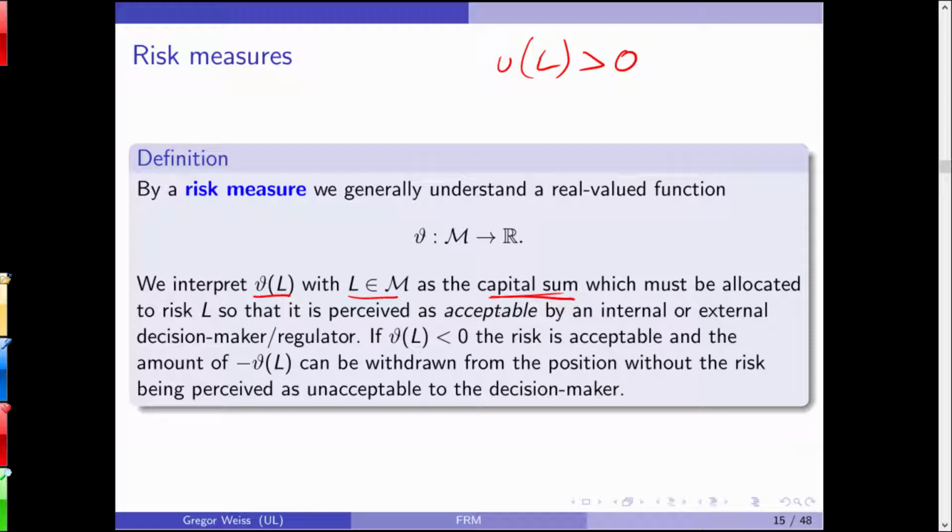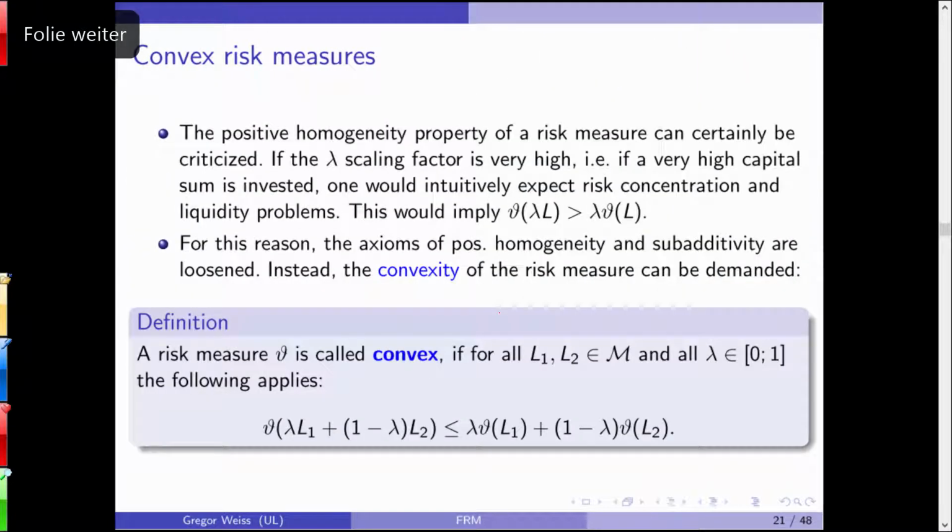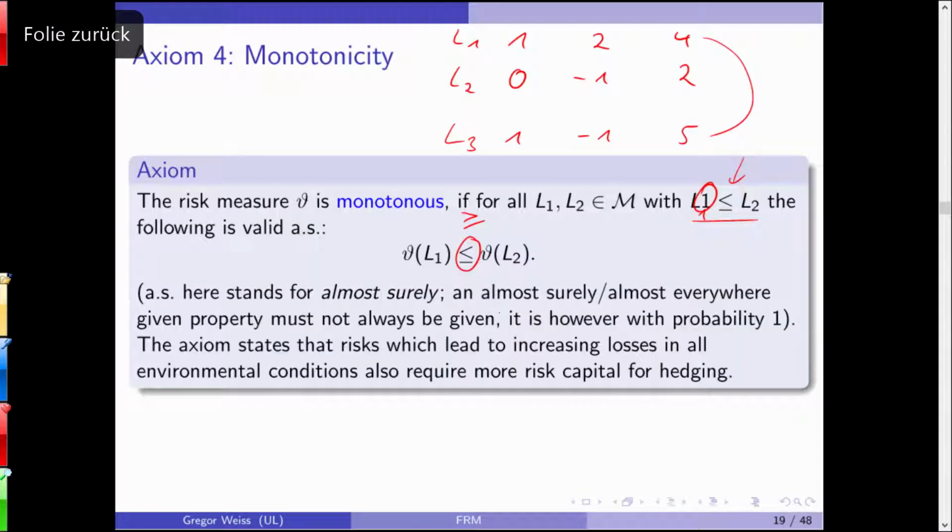And why did you reverse the bigger or smaller sum? Because it depends on how you define L1 and L2. Let's assume that L is a real valued profit and loss distribution, so positive numbers are profits, negative numbers are losses.